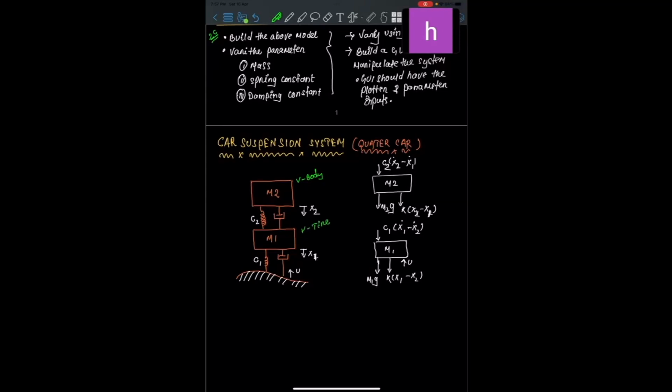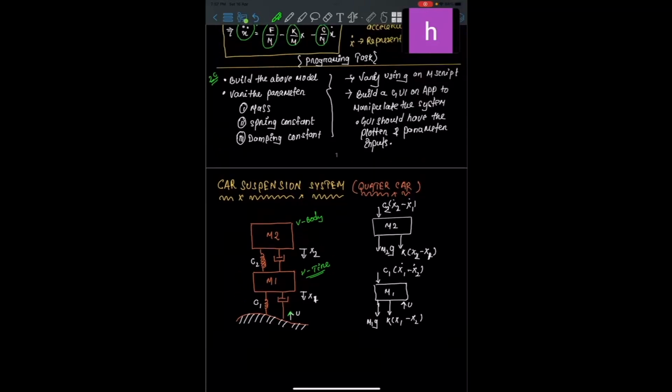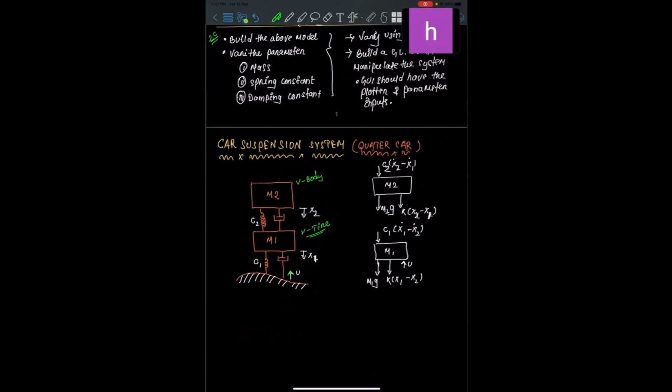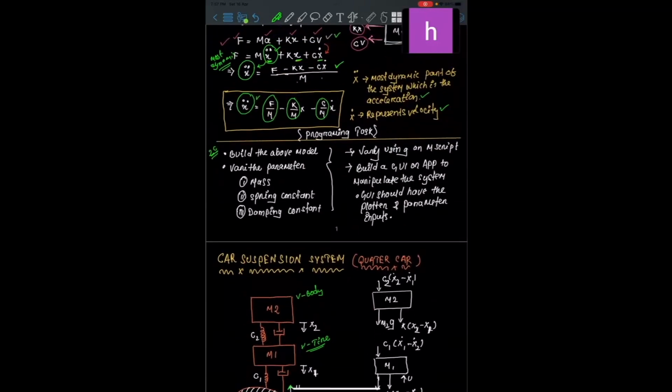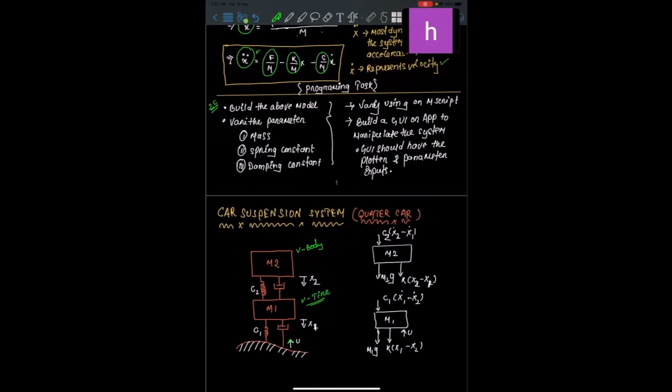The tire will hit the ground, and based on that, one force U will be generated, and that will be solved here. Once we complete this task, you can take this as an assignment.